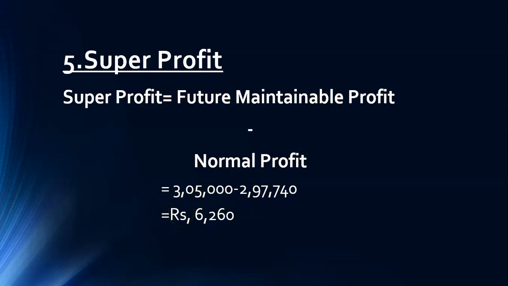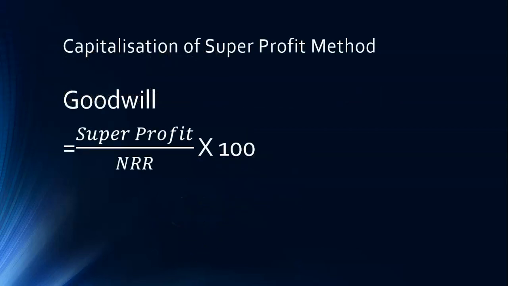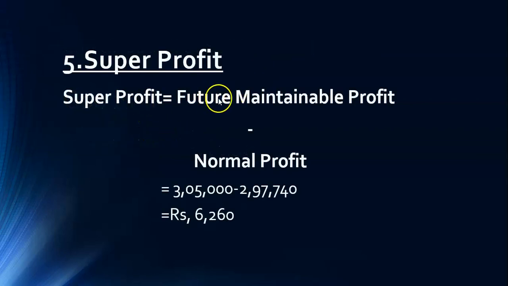So under this method which we are reading, capitalization of super profit method, that is goodwill, here it is super profit divided by normal rate of return into 100. What is this formula basically? The super profit is the difference between future maintainable profit and normal profit, right?